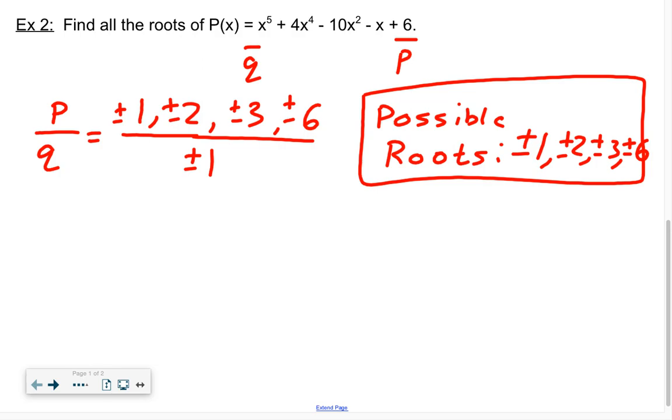Multiplicity of -3? Multiplicity of -1? 1, multiplicity of 1, 2. And what should all of your multiplicities add up to? Your degree of 5. So, we started with the polynomial of degree 5. We ended up finding 4 real roots, which meant one of those had to have a multiplicity of 2.